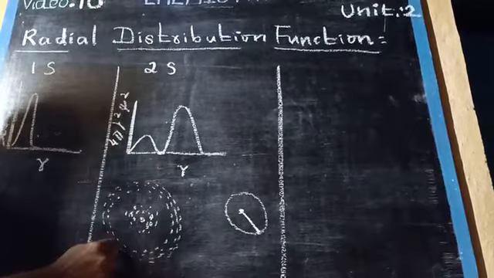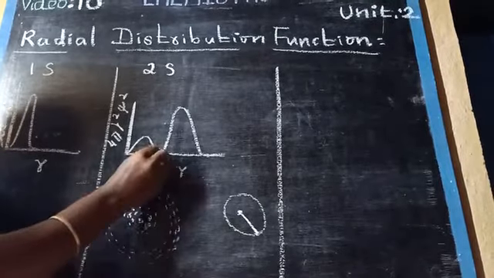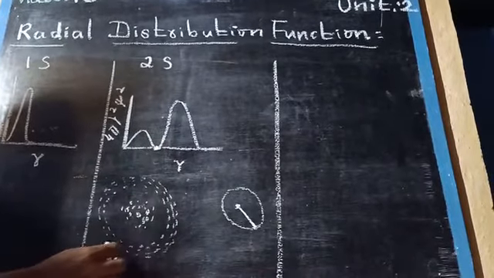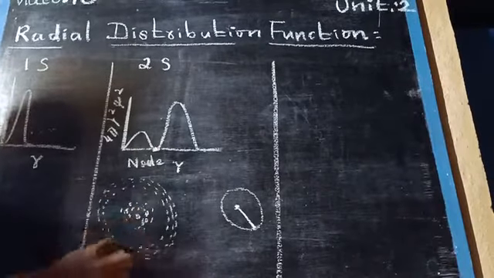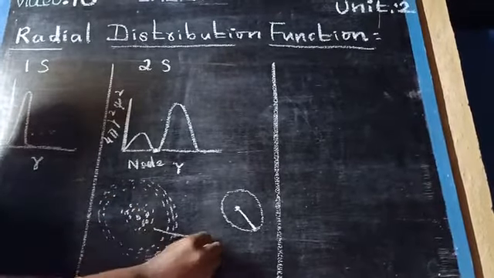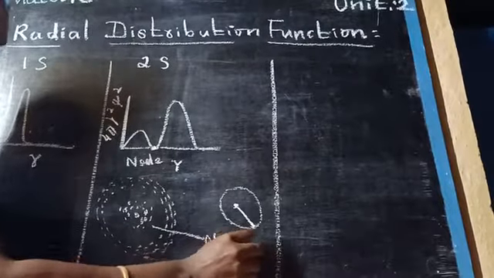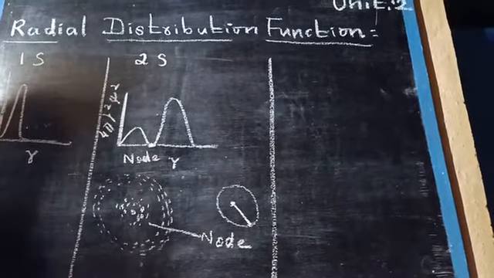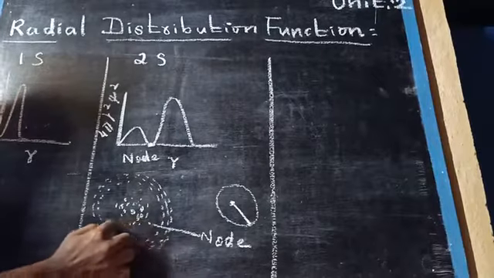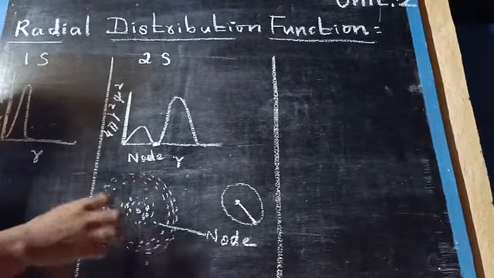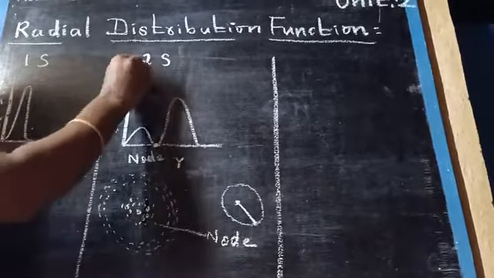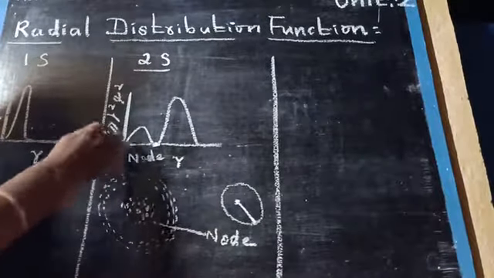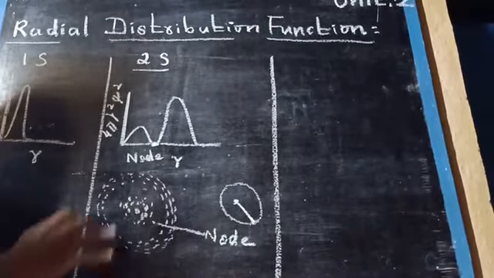Can you understand? This position we call a node, N-O-D-E. In this picture it is denoted as a node, which means there is no electron; for that particular area, the electron is absent. So in the 2s orbital, this diagrammatic representation lets us find the node.